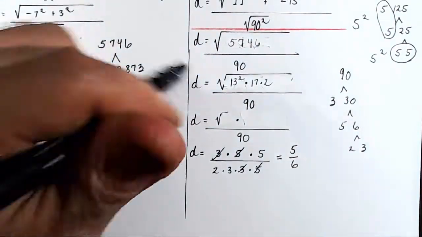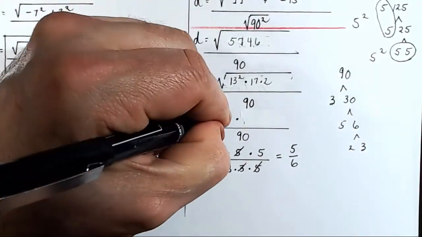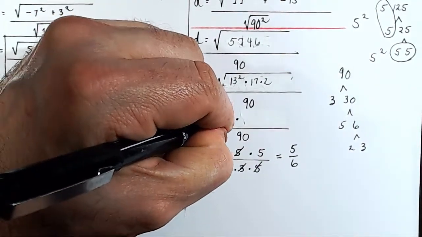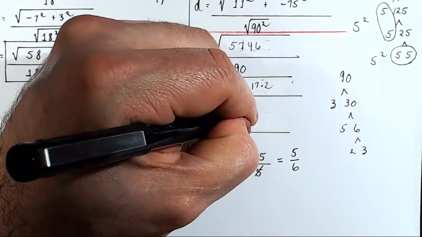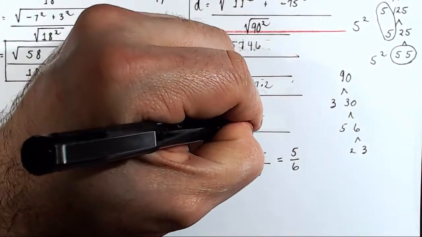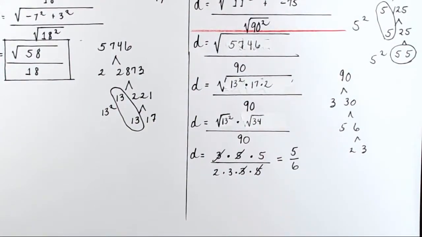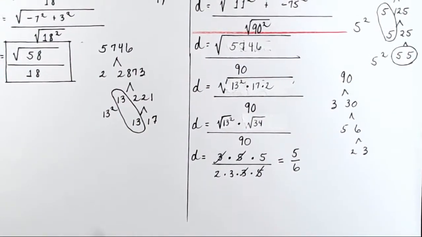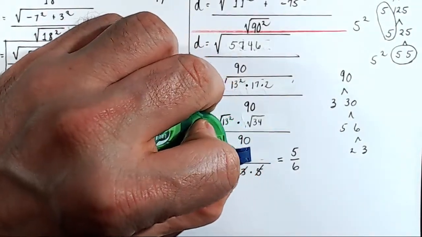We can rewrite this as the square root of 13 squared times the square root of, and then we can multiply 17 times 2 to get 34. 34. All right, so now all over 90. And so now we can do this.